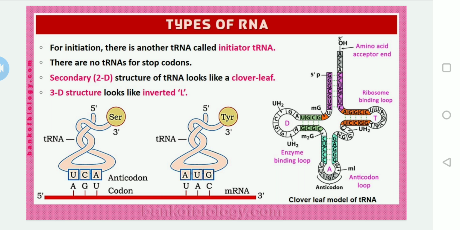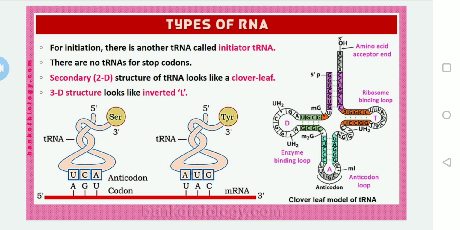Let me tell you once again briefly the interesting facts about the cloverleaf model of the tRNA. It was proposed by Robert Holley et al. in 1965. According to this model, a single polynucleotide chain of tRNA is coiled to form a cloverleaf-like structure.